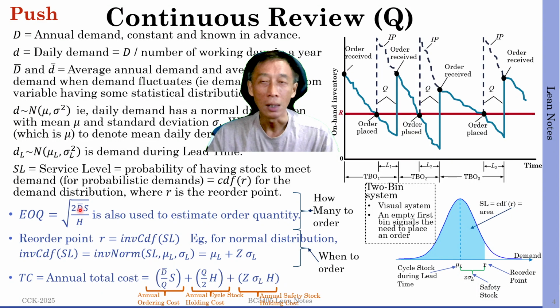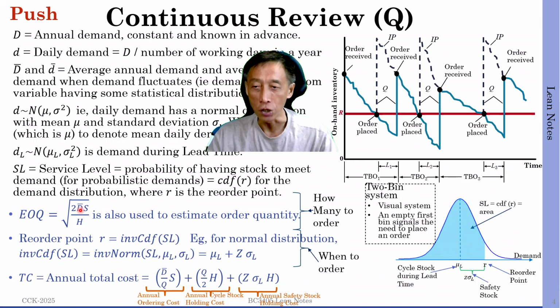Another way is you take several weeks of demands. They differ, right? They fluctuate. You take the average weekly demand and multiply by 52. So in any sense, this is just an average estimate. So the annual demand is no longer a constant, a reliable constant. It's an average estimate.